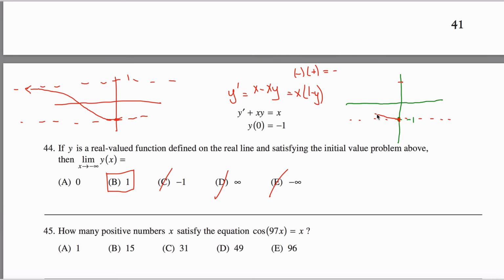So this thing should be going up rather quickly if you read it from right to left. So it would get past 0 really quickly. There's no reason it would stop at 0. It won't stop until it gets to 1, 1 being the number that makes this term equal to 0. So the answer to this question would just be equal to 1. So I guess I'll end this here.